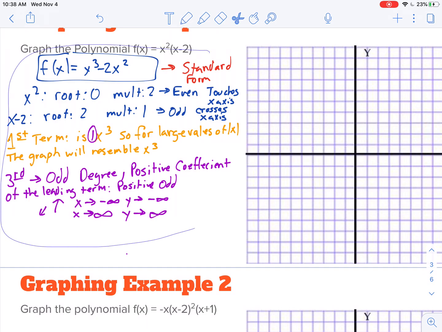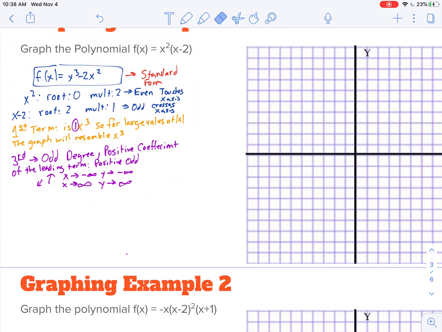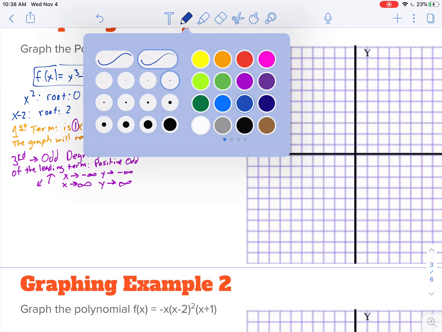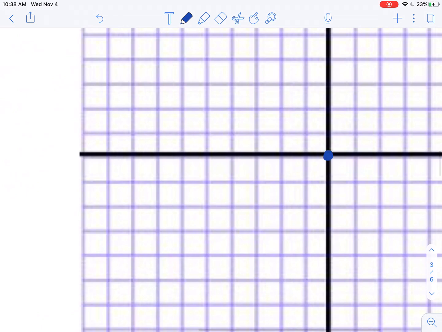So first, I know that I'm going to have a point at 0 and a point at 2. So I'm going to have an x-intercept here, and I'm going to have an x-intercept here. I know that it's going to touch this x-intercept, and I know that it's going to cross this x-intercept.